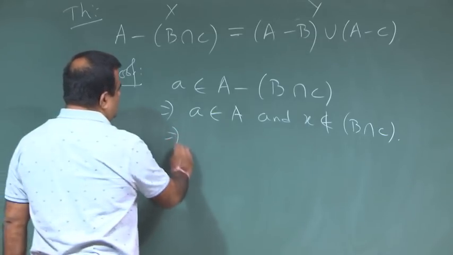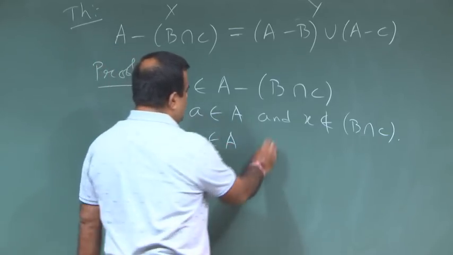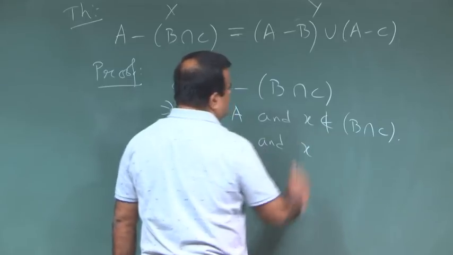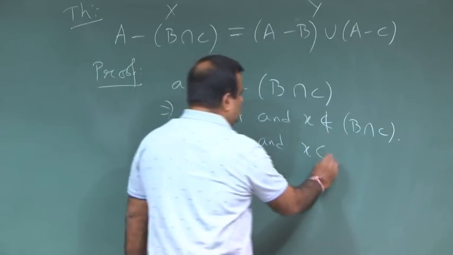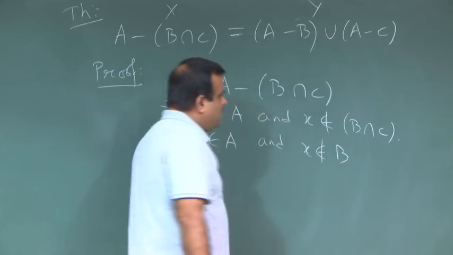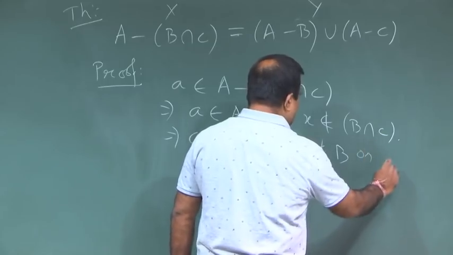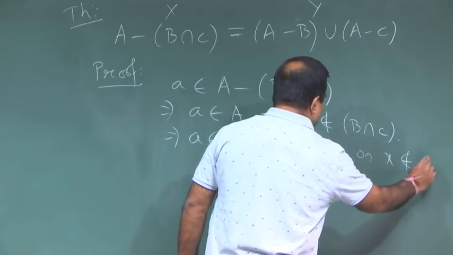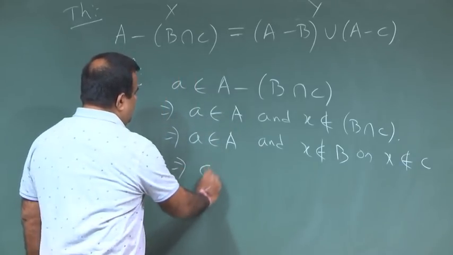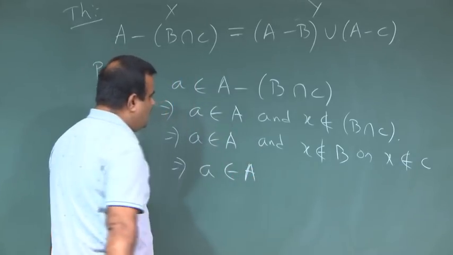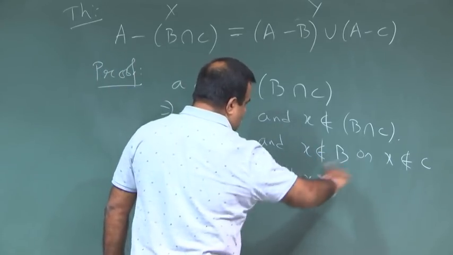Now, this implies a belongs to A, but a does not belong to their intersection, meaning a does not belong to B or either one of these, a does not belong to C. So, that means a belongs to A and either one of these is true.